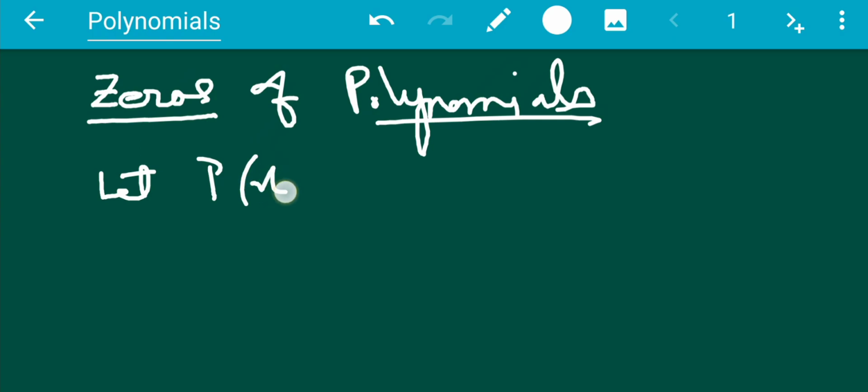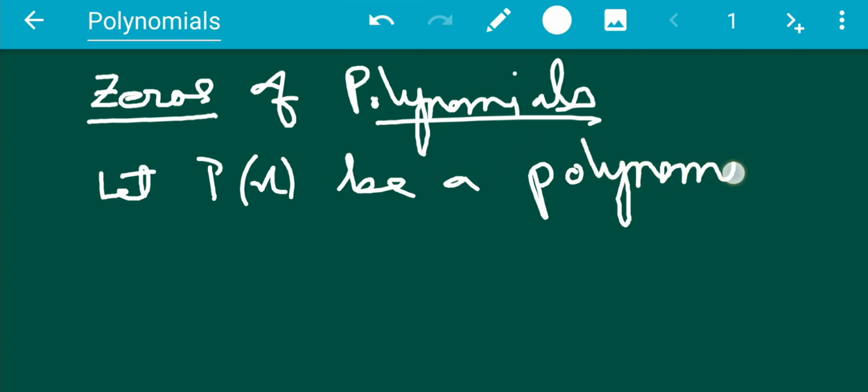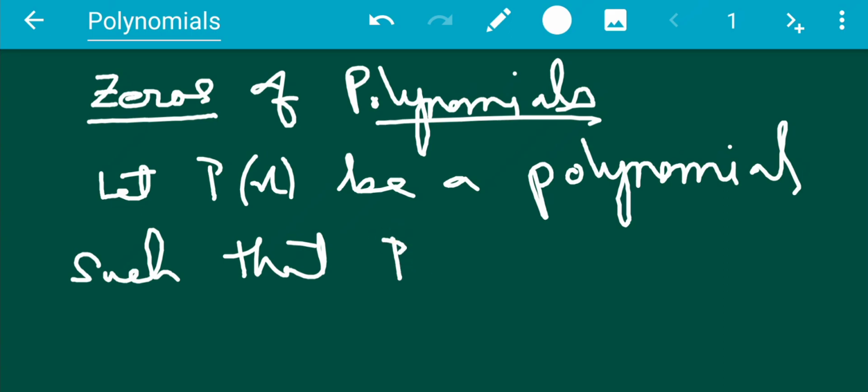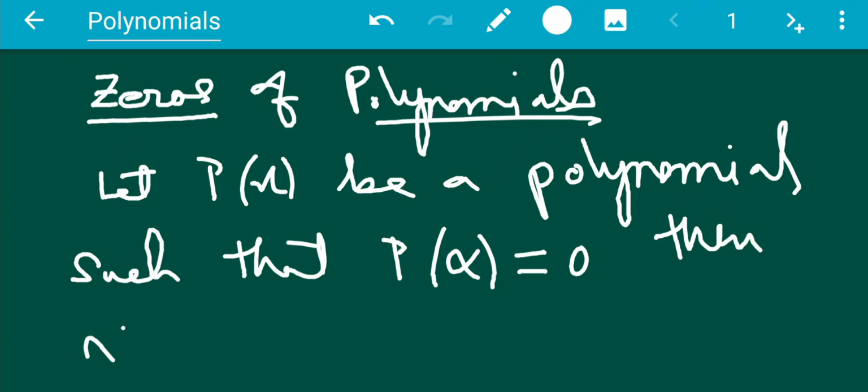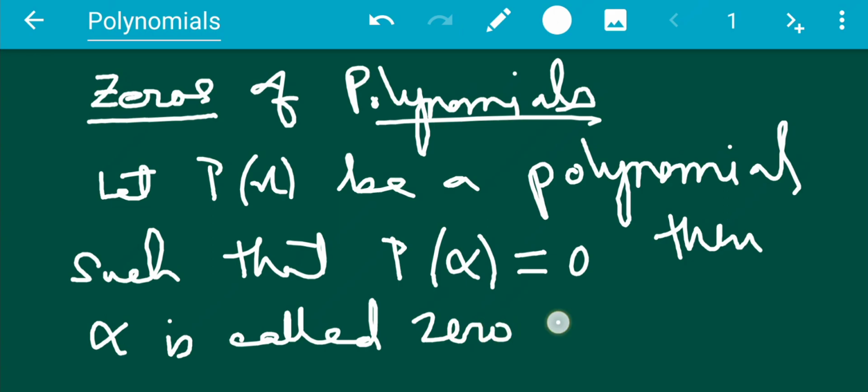Let p(x) be a polynomial such that p(alpha) equals 0, then this alpha is called a zero of the polynomial.